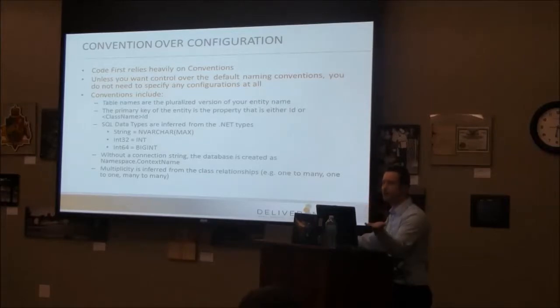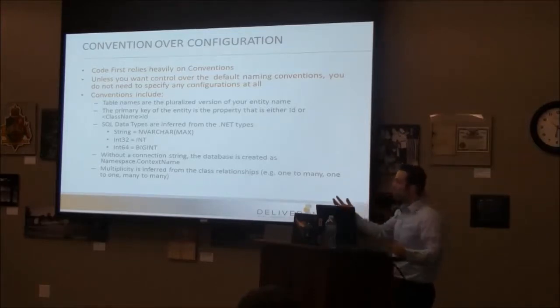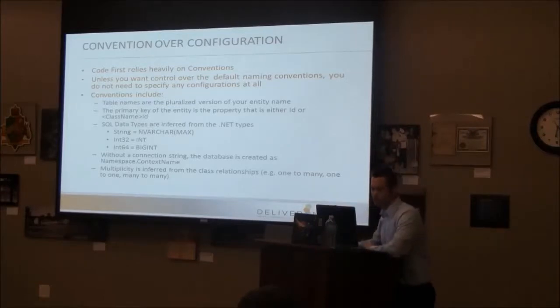So if I have an entity called Customer, it's going to create a database table called Customers in the dbo schema. If you don't want to override those conventions, you don't have to write a single line of configuration. It'll just work out of the box. If you do want to override that convention, basically you would go down the Data Annotations or the Fluent API.